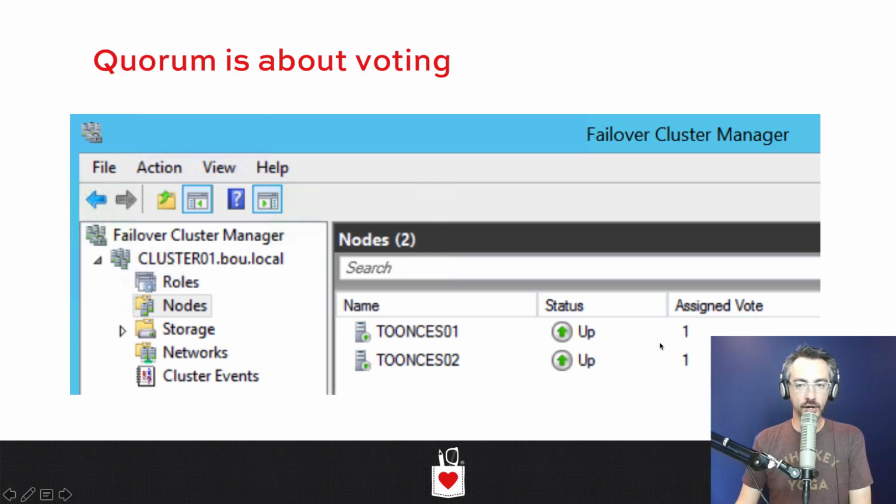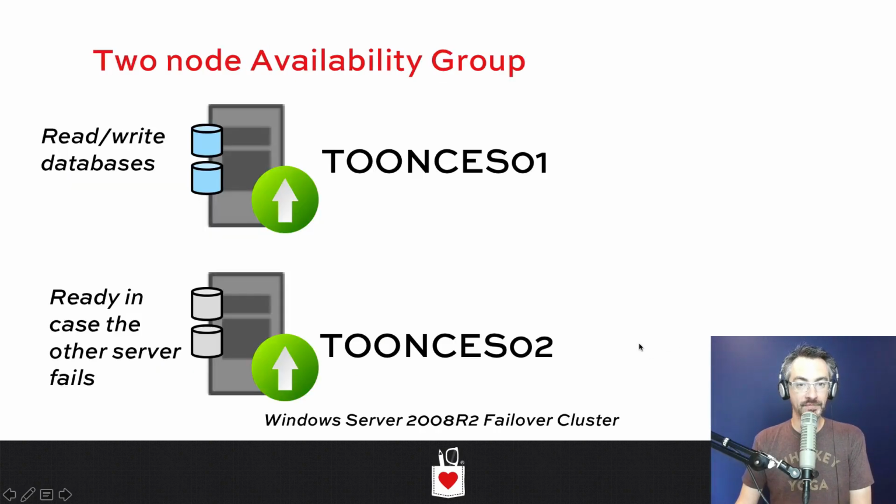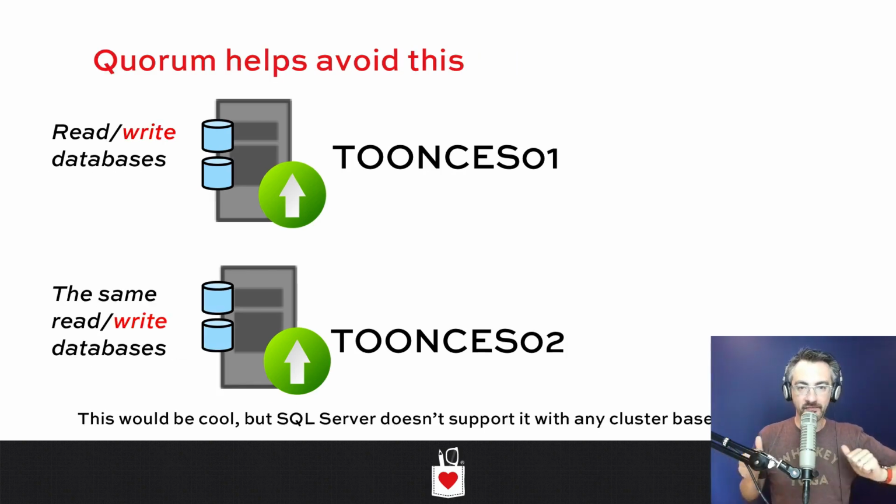Both of my nodes are up, and both of them have a vote. Windows needs to control who runs the cluster at any given time, and I need a majority of voters up and running. And I can't have both voters thinking that they own the availability group.